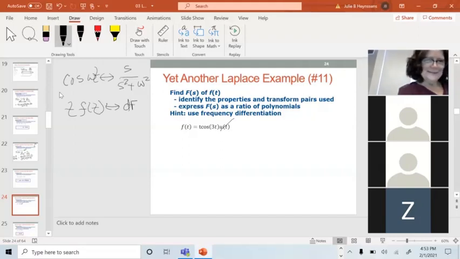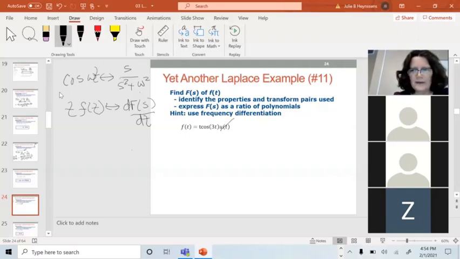I have to do calculus: negative df of s ds. So it looks like multiplying cosine 3t by t means I have to find the Laplace transform of cosine omega t and then take the derivative of that in the frequency domain.